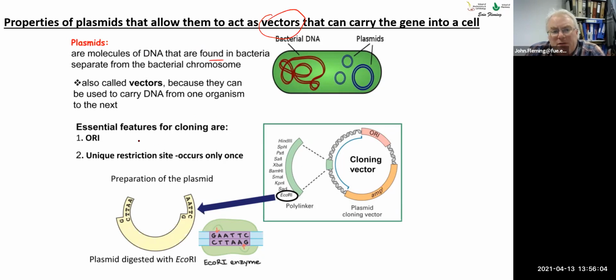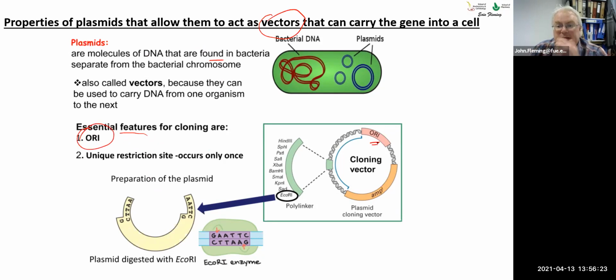And in terms of the specific features of plasmids that are required in order for us to use them for biotechnological applications, there are these features. One of the first ones here is an origin of replication.